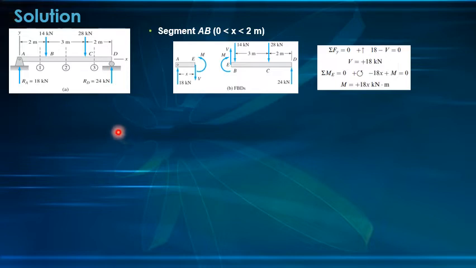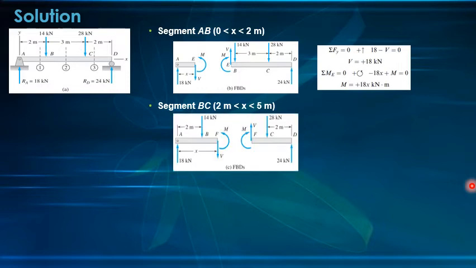So next, let's consider cutting plane 2, which is your segment BC. That is from 2 meters to 5 meters, from point B to point C. Since we cut it, it will look like this, class. The x this time is from the left part of the beam to the cutting plane.